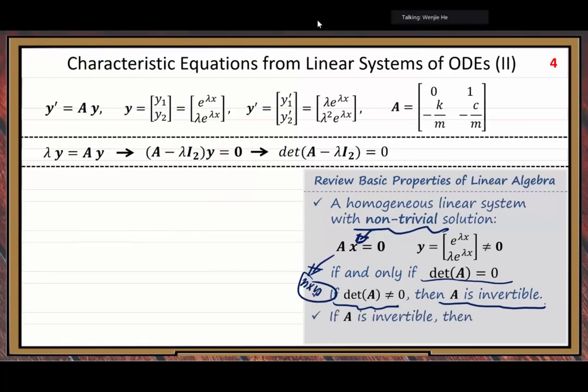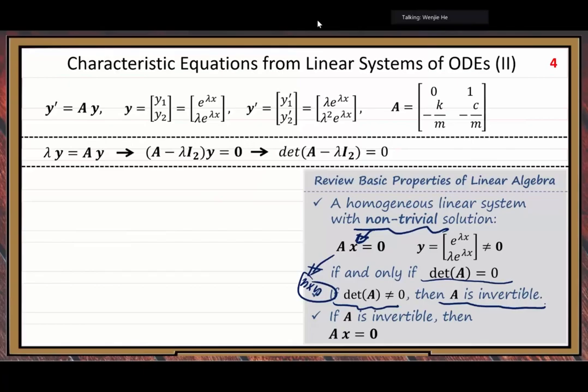If A is invertible, then its inverse exists. So think about it: if A is invertible, can we multiply its inverse on both sides?